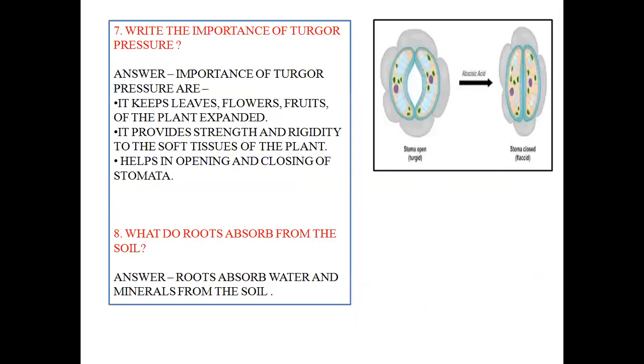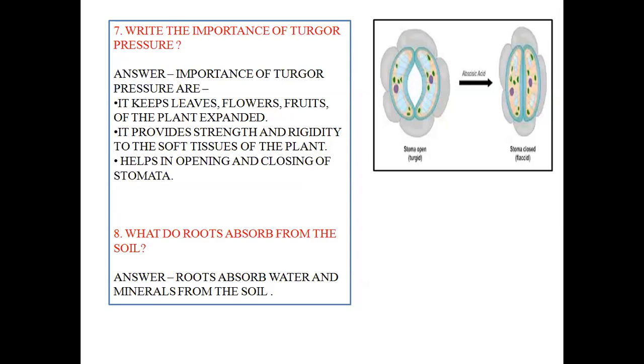Next is, what is the importance of turgor pressure in plant? Now there are various kinds of importance of turgor pressure in the plant. Firstly, it helps to keep the leaves, flower, fruit of the plant expanded.